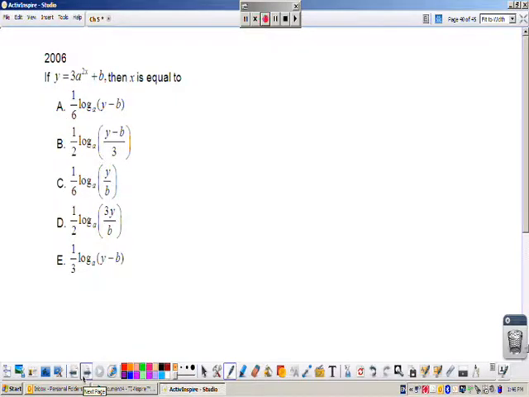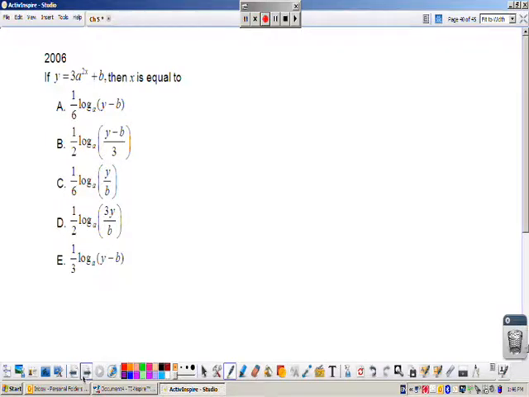Right, so what are we asked to do here? We've got y, and we've got an exponential equation there, and we're asked to find x in terms of y. It hasn't actually specified that, but what we need to do is get x to come down from the index and have x on one side of the equal sign and everything else on the other side.